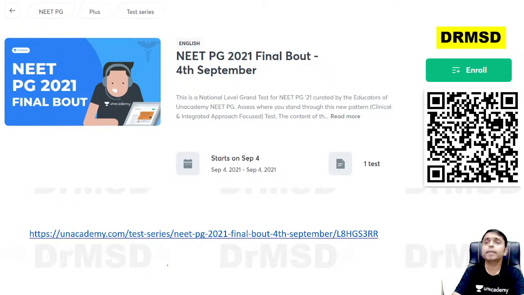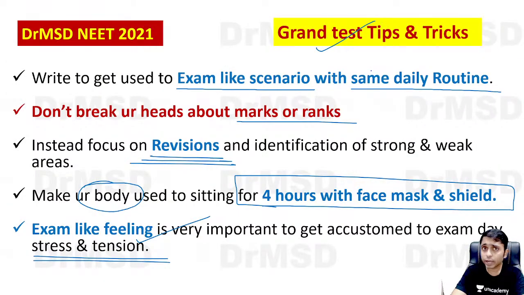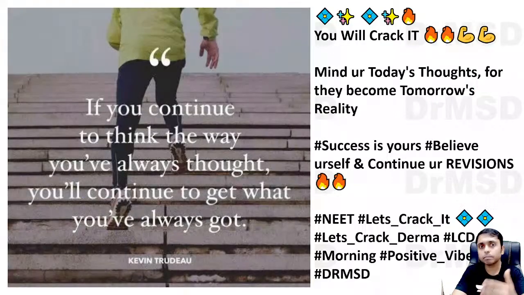Please do attempt it just like an exam scenario. This is very, very important. However much you prepare, if you don't make your body and mind accustomed, it will be very difficult to attempt it directly on exam day.